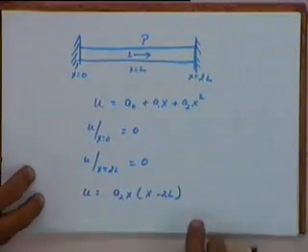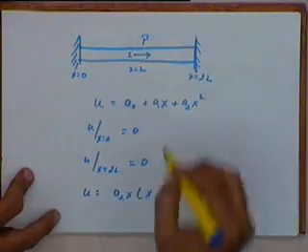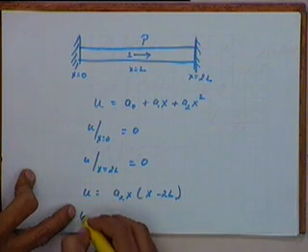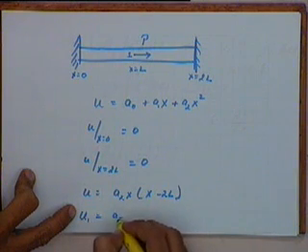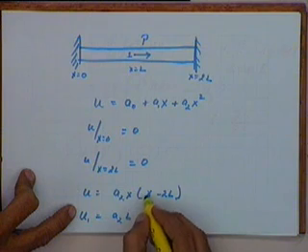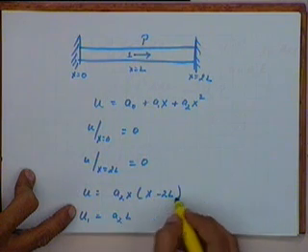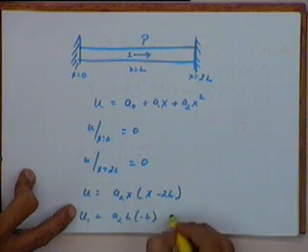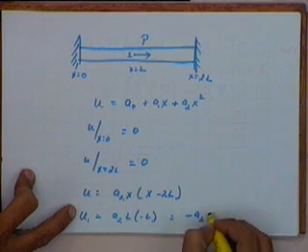What is u1? u1 is the deformation at this point. If we look at this equation, u1 will be equal to a2 into L into x minus 2L, that is L minus 2L into minus L, so minus a2 L squared.